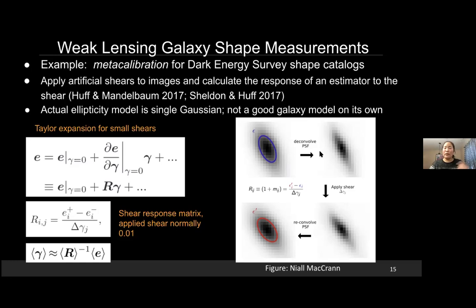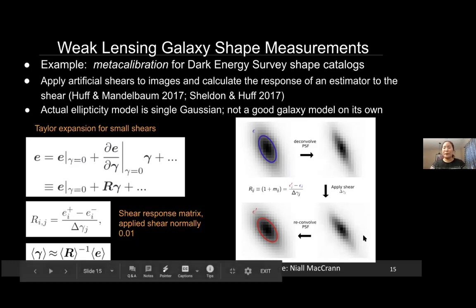We deconvolve the PSF, and then you get an image that looks like this. And then you artificially apply shear to it. And usually the value is something like 1%, and that will stretch out the image.